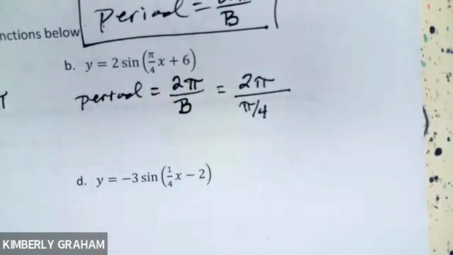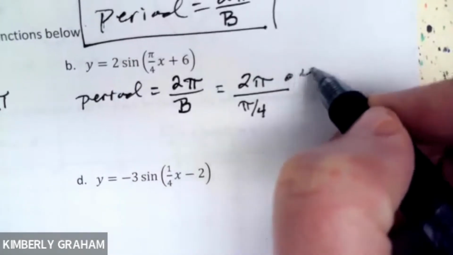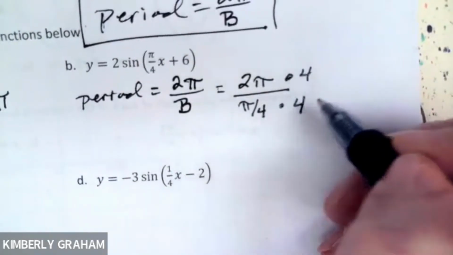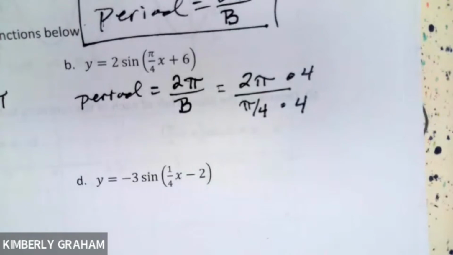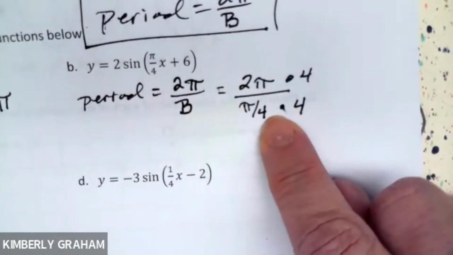So I need to simplify that problem. And there's two different ways that I can simplify this. First thing I'm going to do is to look at this like just a regular old complex fraction. So I would multiply the numerator and denominator by the least common denominator of my smaller fractions. So I only have one small fraction here, right?